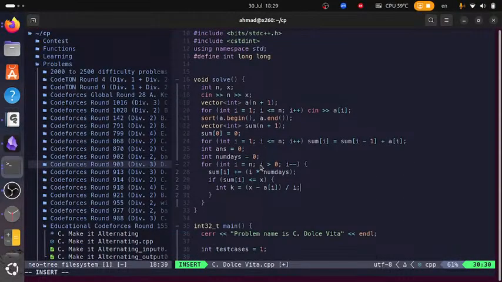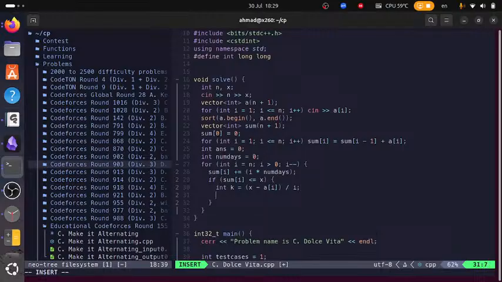And basically we increment our bags by I bags, k times, right? And we increment our bags by I times k plus 1.